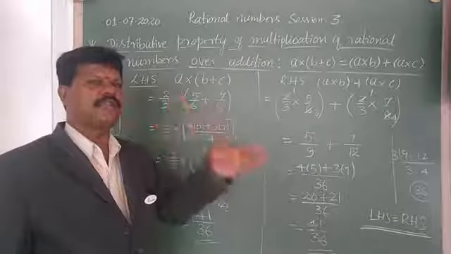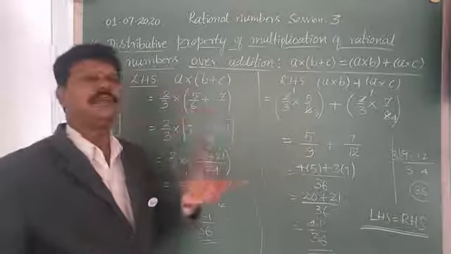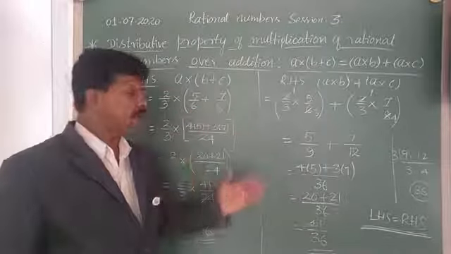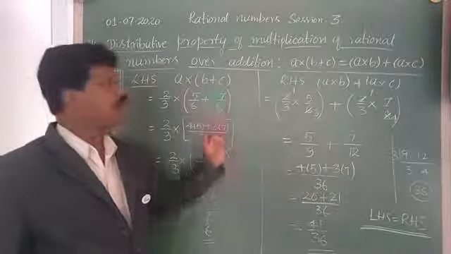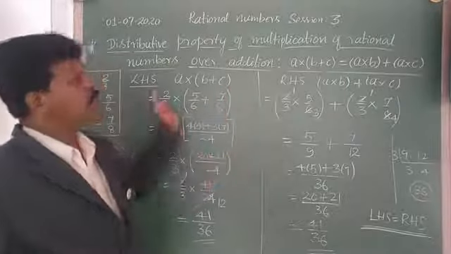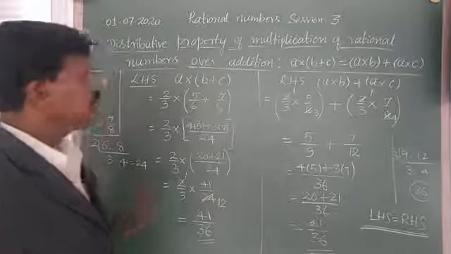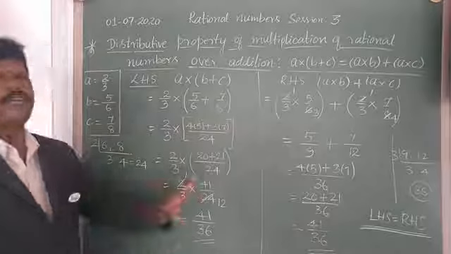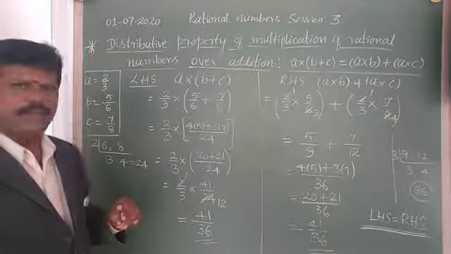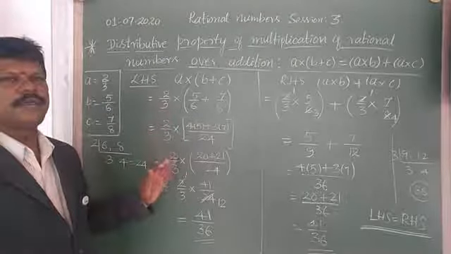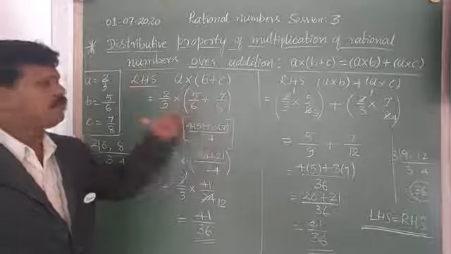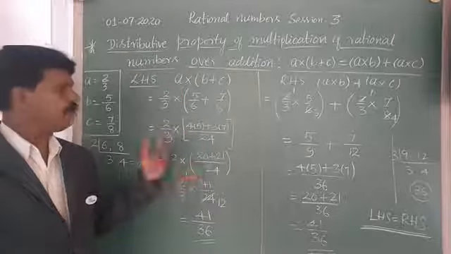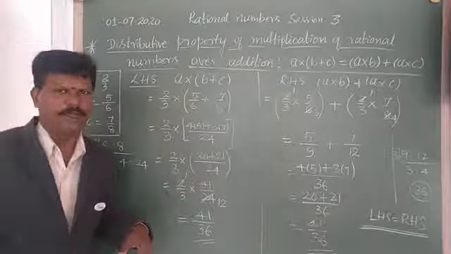How to take the LCM and how to add or subtract the numbers. That's why in the first class I showed you how to add the rational numbers and how to subtract the rational numbers. Everything I showed you. So based on that, this is what today's session is. So work out this. I'm going to give the problems based on that. If you have any doubt, you can call me.